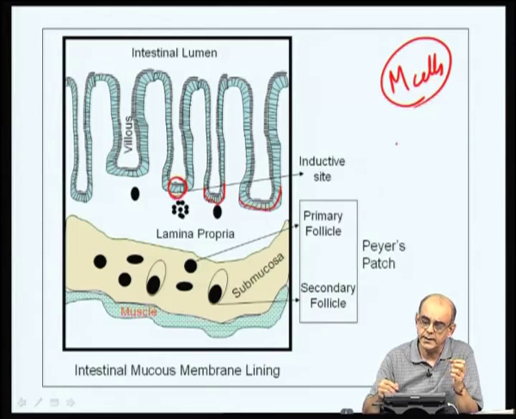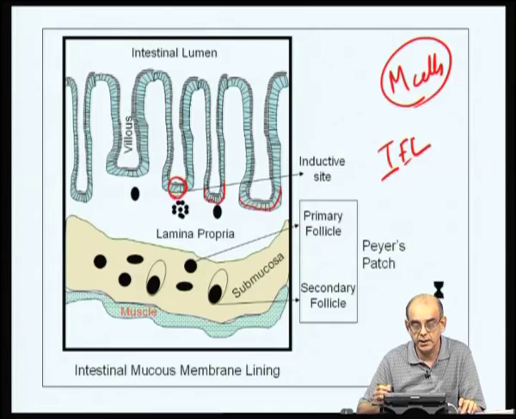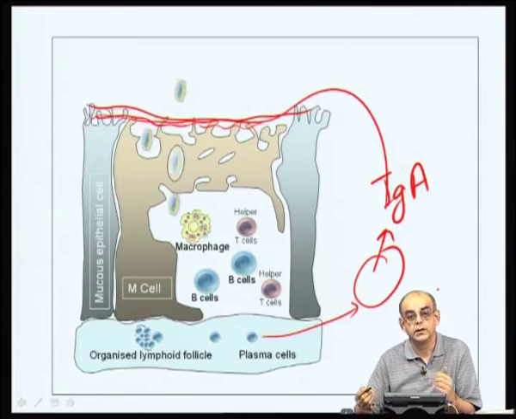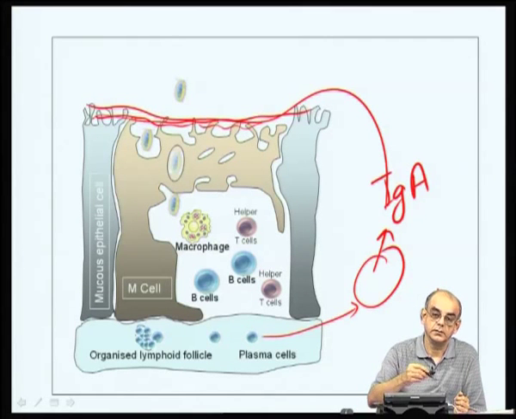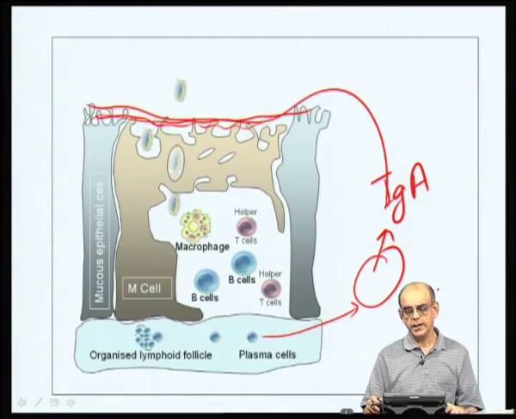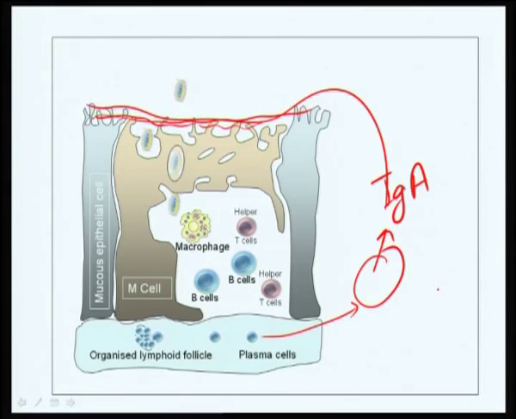Just like the IELs, you have similar lymphocytes under the skin, and antigen presentation occurs under the skin via the follicular or dendritic cells, and then the same sort of response is completed. So, I will complete this lecture by summarizing again that we looked at the various kinds of lymph nodes, and we looked at various kinds of molecules that take part in homing of these lymphocytes to various kinds of lymph nodes.